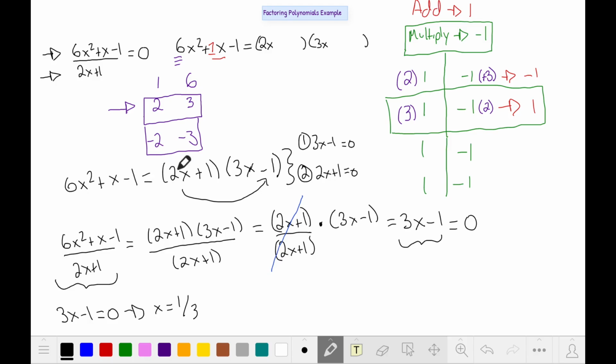So if you forget what we're actually solving and you get stuck in the factorizing, thinking, oh yeah, I'm factorizing, I found the factors, I found the two equations, let's solve, you can fall into a trap where you get an answer that's not allowed, because we do not want to divide by 0. So whenever you feel like you're about to finish and circle that answer, double check the question they're actually asking you.